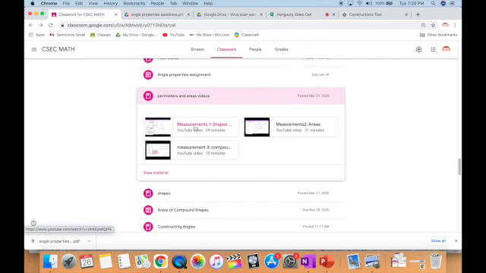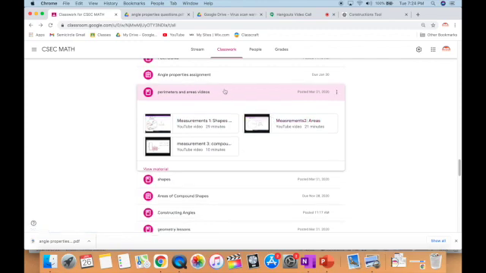This first video here is on perimeter. This next video here is on area, and this next video here is on compound areas. So you are going to watch these 3 videos before Saturday, right?